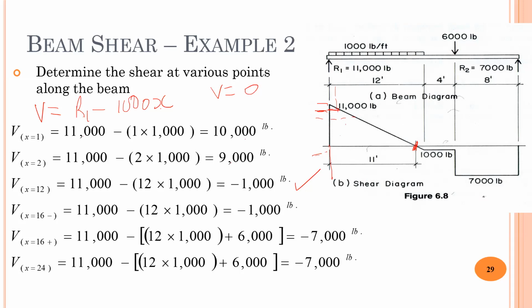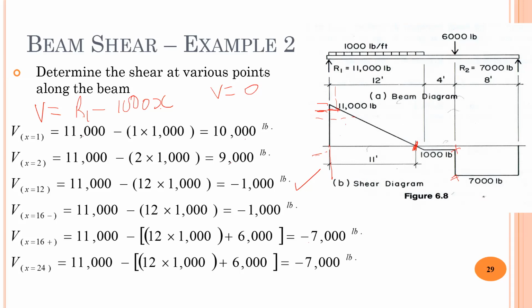So all you do is add in the 6,000 load to it, which is right here when it is 16, and you'll get minus 7,000. See it right here between here. So you get 7,000.